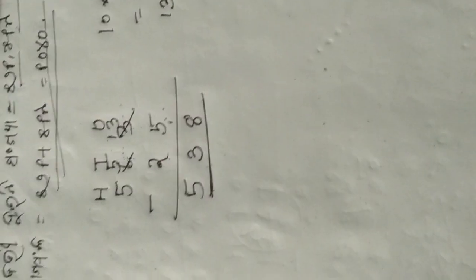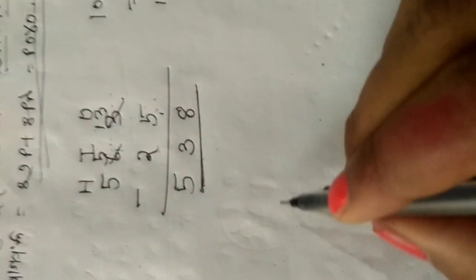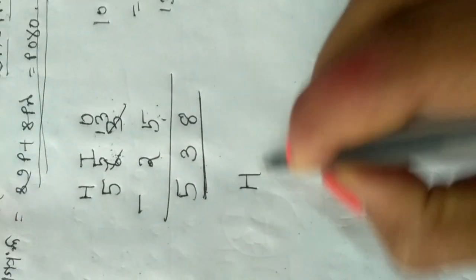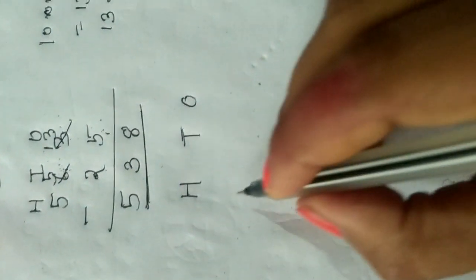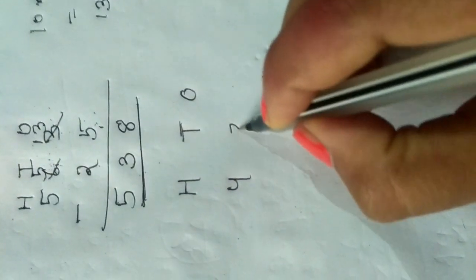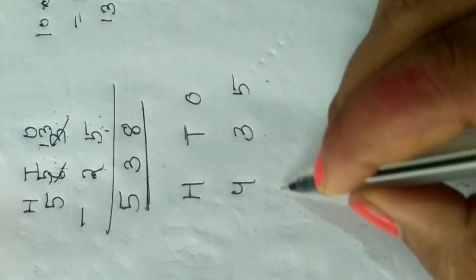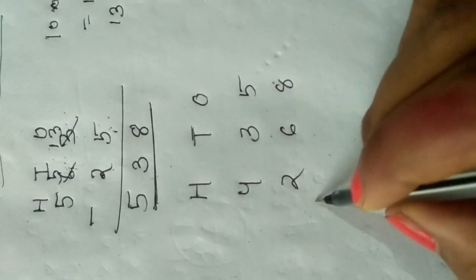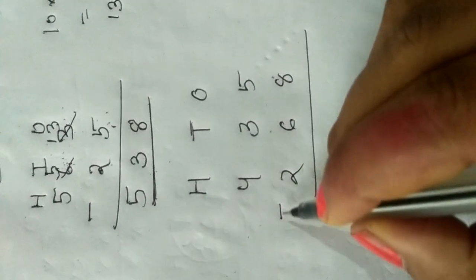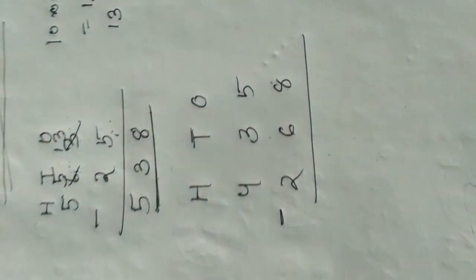The result is 538. Similarly, students, look at this example. We write 435 and 268. We put the minus sign in this place.